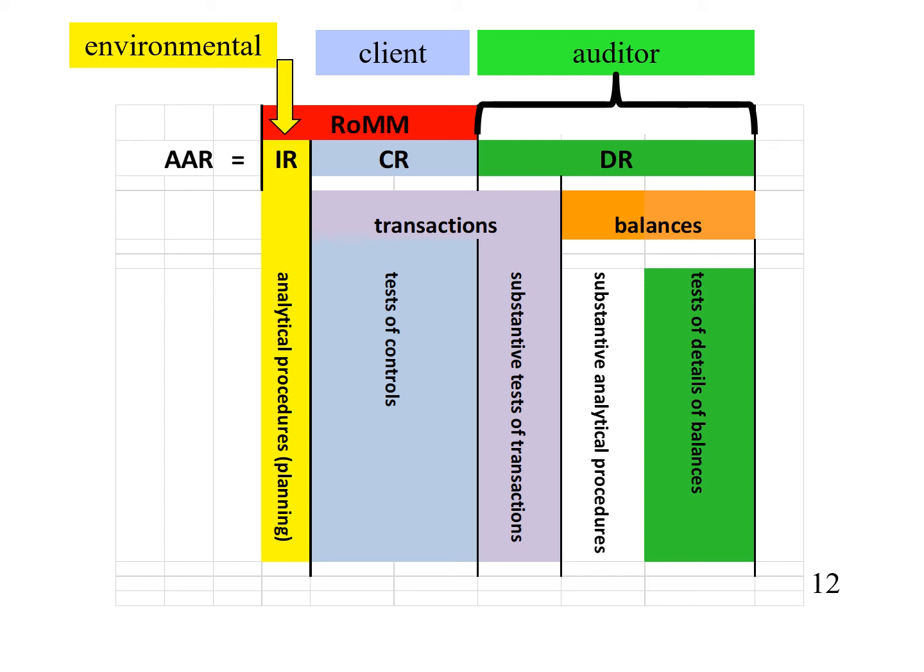Where we talk about this ochre color, we'd be talking about assertions that relate to account balances. All three are types of tests performed by the auditor. And the auditor can reduce detection risk by performing substantive tests.